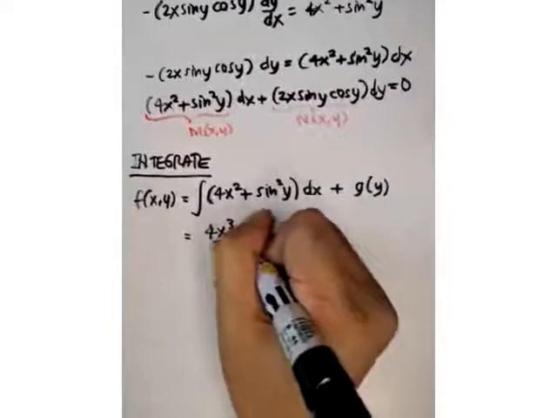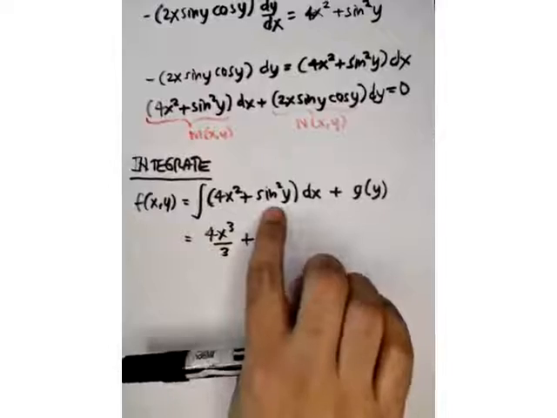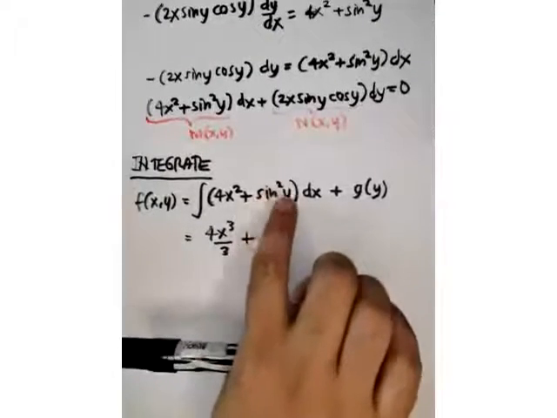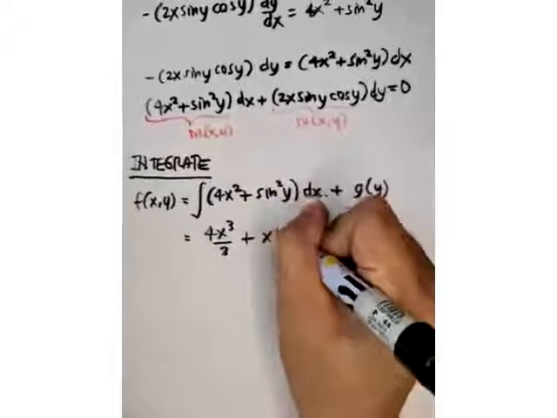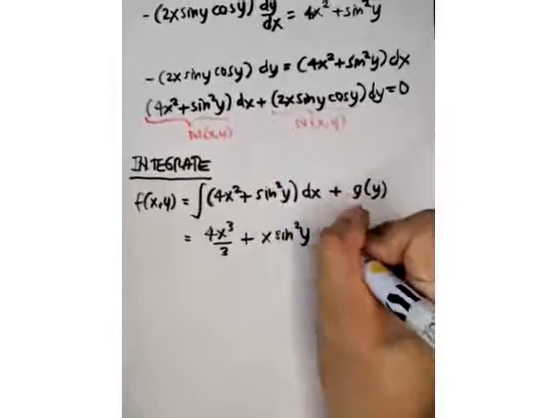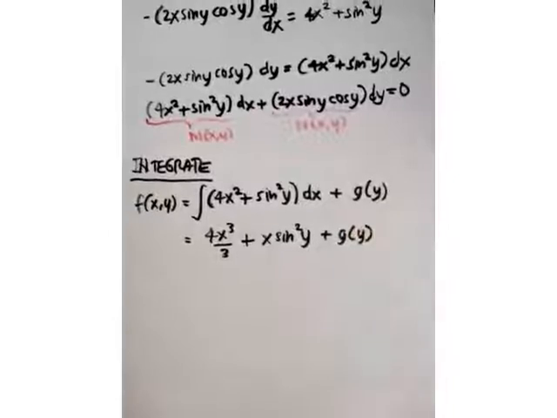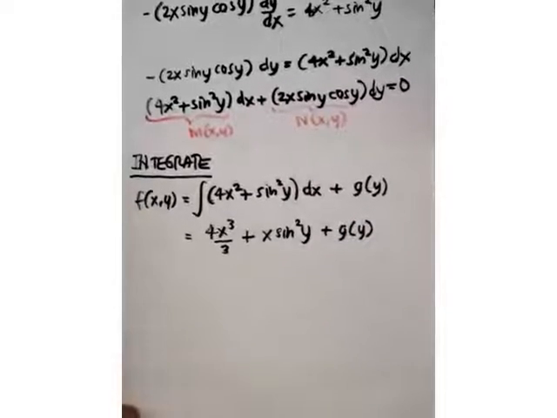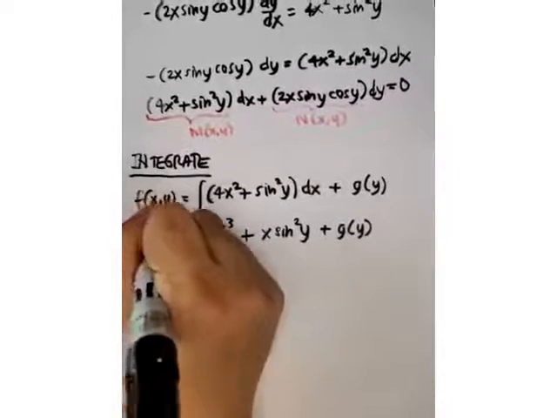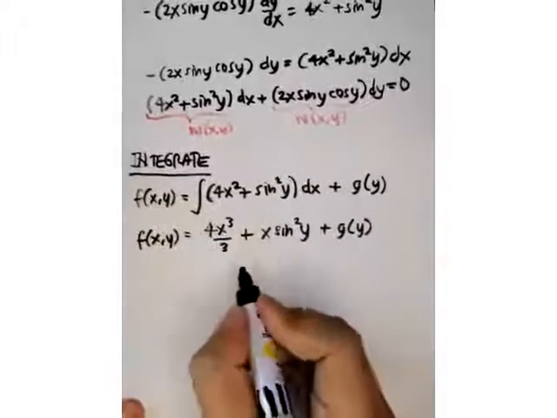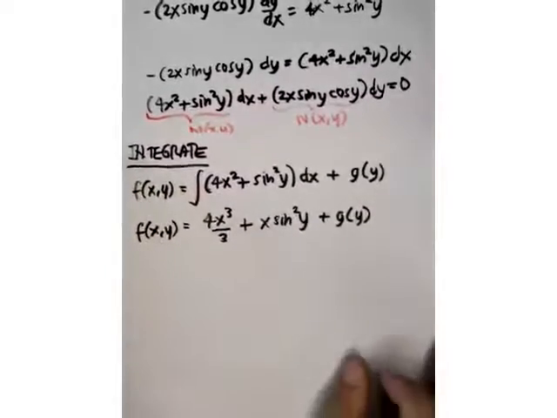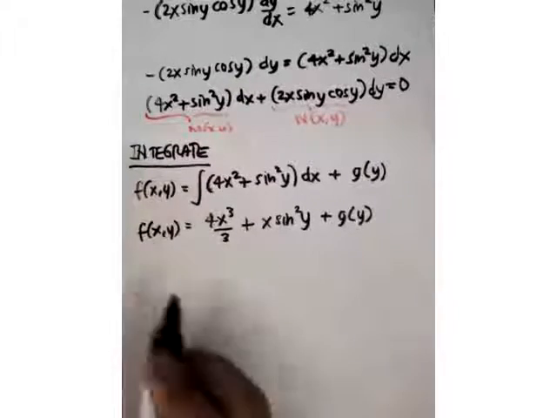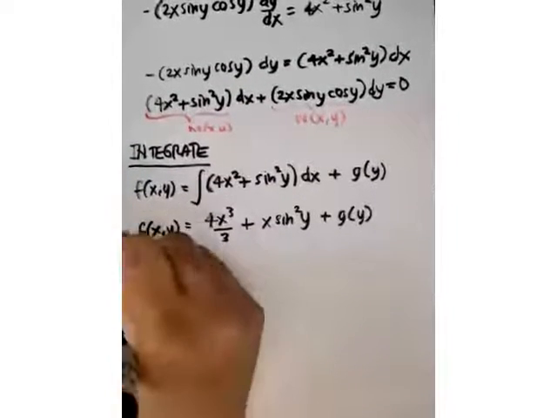And then plus, integral nito, since ito ay constant kasi y siya, integrate lang natin siya with x. So that's x sine squared y plus g of y. Okay, so this is our f of x, y. Huwag nyo nang sisimplify muna. Magsisimplify tayo sa ending. Okay, next. We will derive.